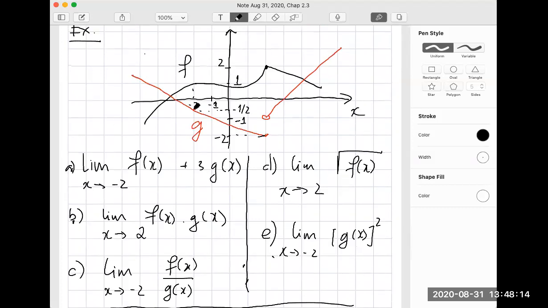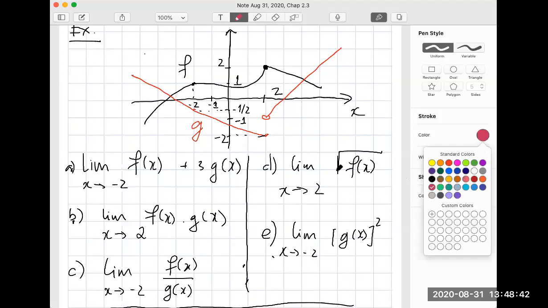Look at this. On the graph, f at -2 is 1, right? You see? F at 2 here is 2, and this is the solid point. And g at 2 is -2, this point, here, the solid point.